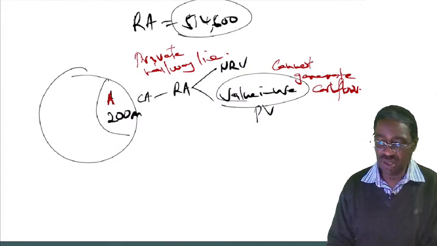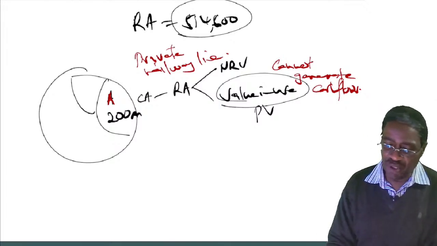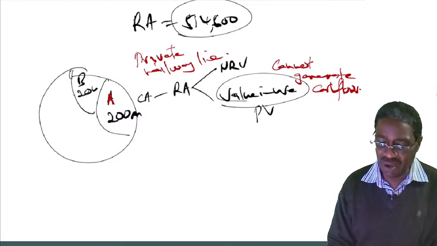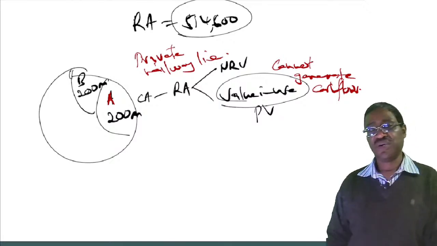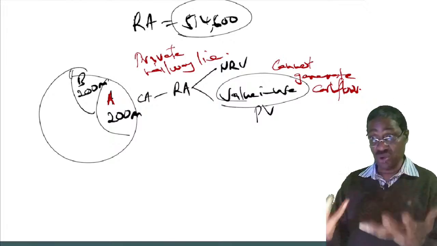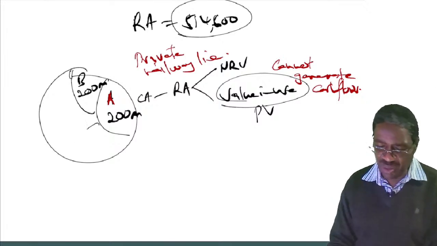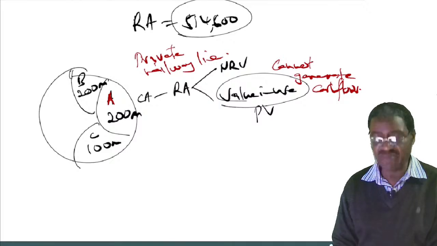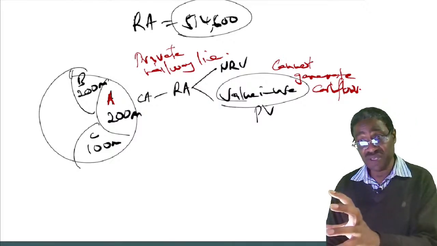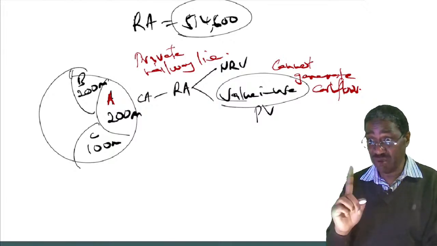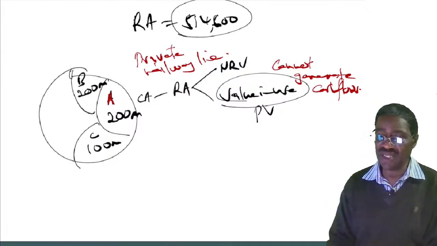For example, if I put it together with asset B, which maybe has another carrying amount of 200 million, will it be able to generate as two? Maybe I realize no. I put it together with another asset, maybe C, which has a carrying amount of 100 million. Then I ask myself, as a group of three, can they generate cash flows?